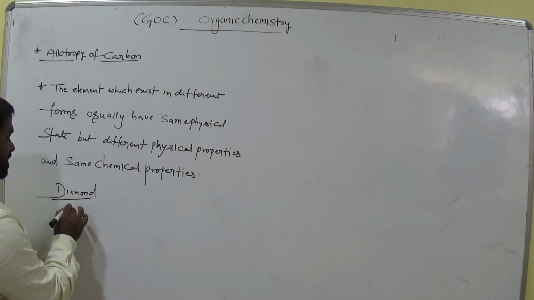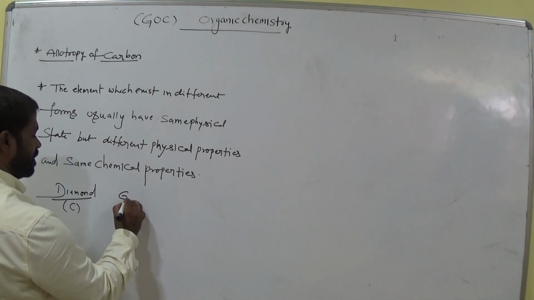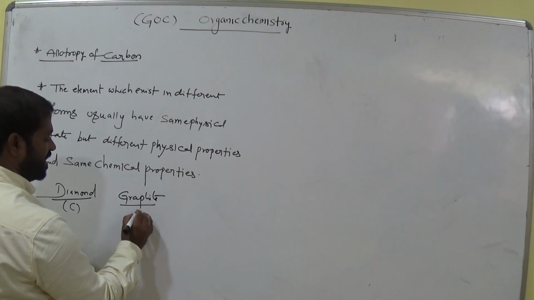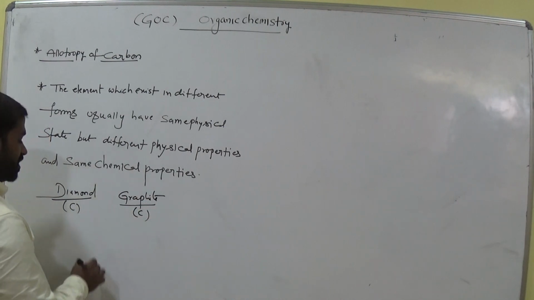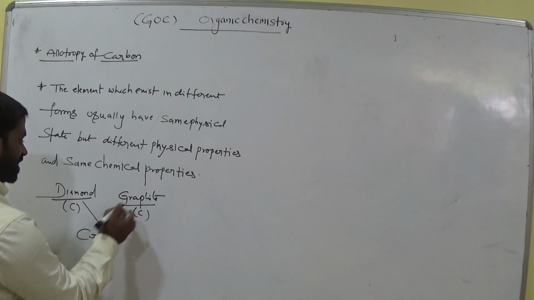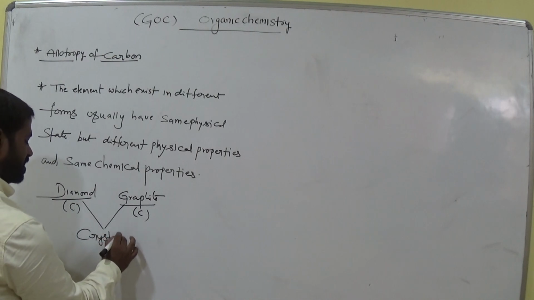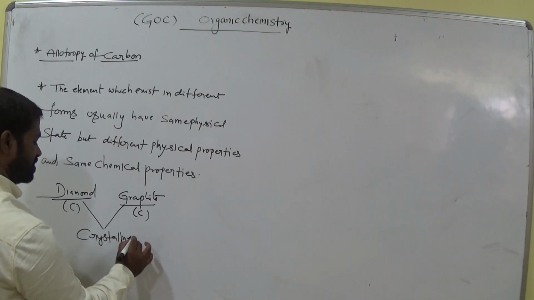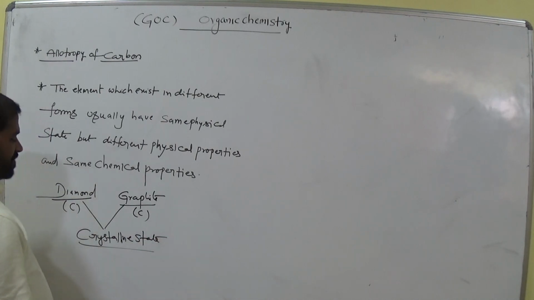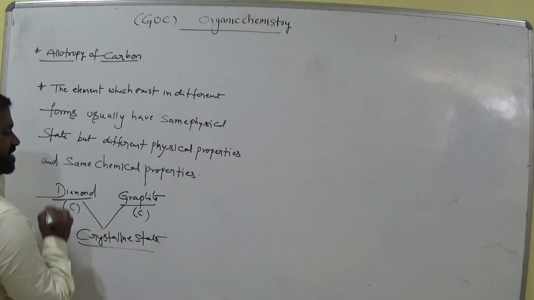Which element is present? Carbon. And in graphite, which element is present in graphite? Carbon. Both are crystals. What is the physical state of both? Crystalline state. Both are crystalline. Physical state is the same or not? Same. Both are carbon in different forms or not? One is diamond, another one is graphite.